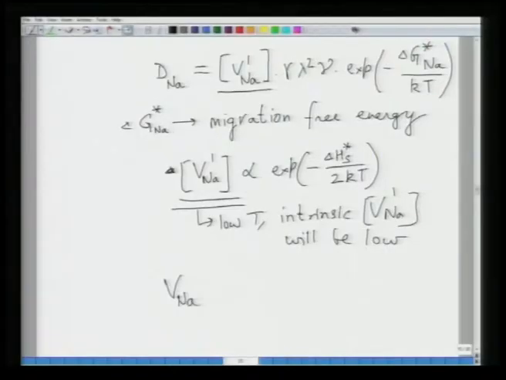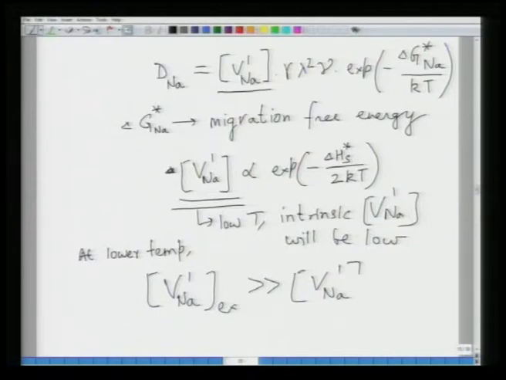If you have CdCl2 present in larger quantities than the number of vacancies created by intrinsic ionization, then at lower temperatures V_Na extrinsic, which is due to the presence of CdCl2 in moderate quantities, will be much larger than V_Na intrinsic.